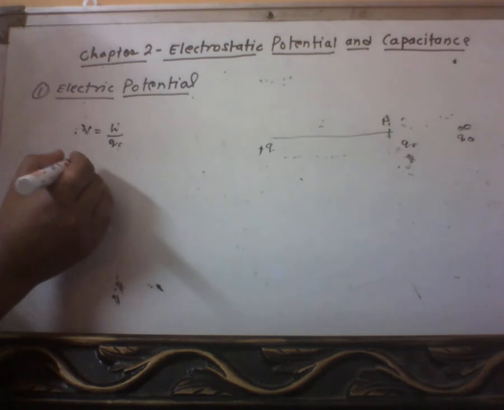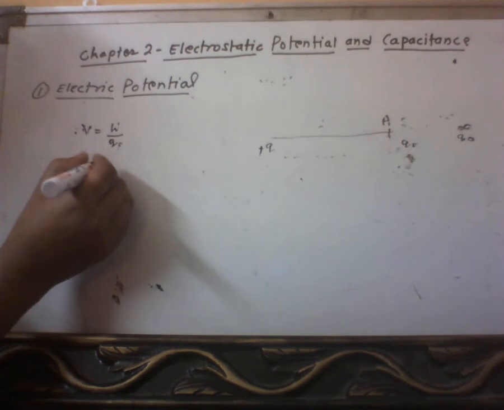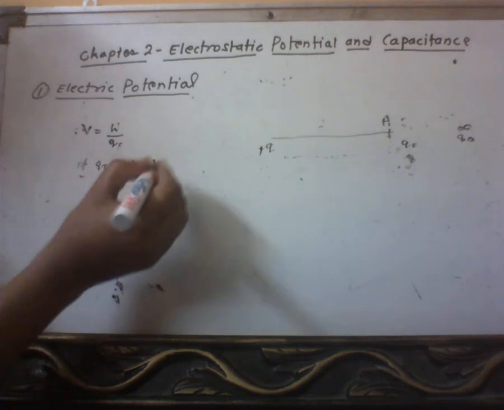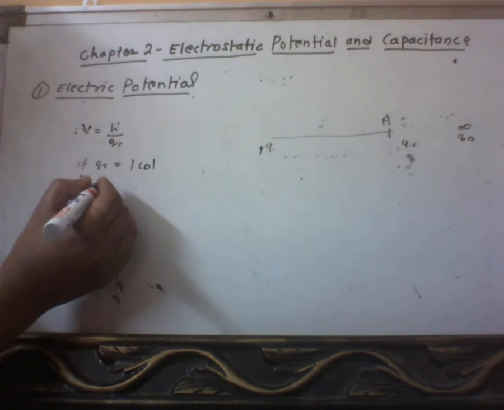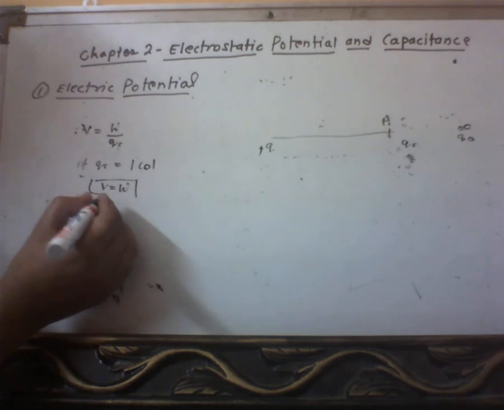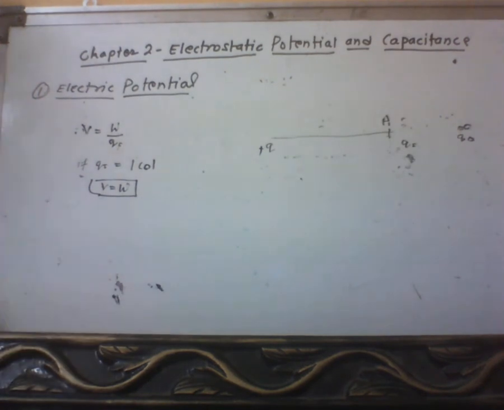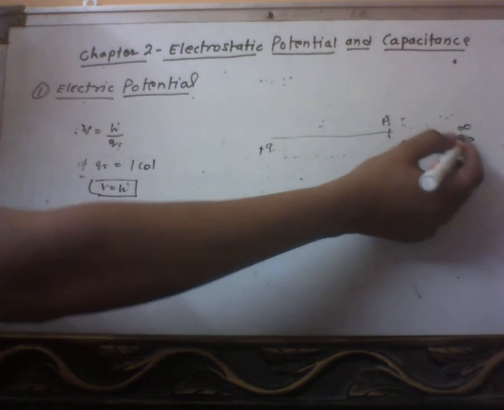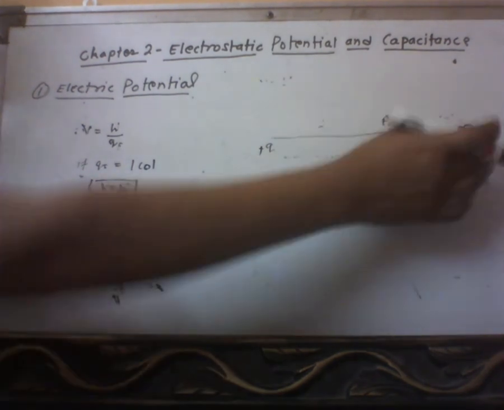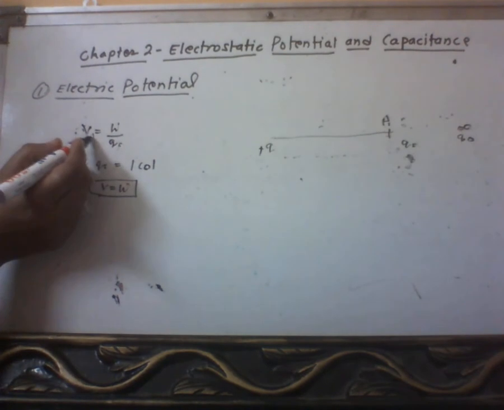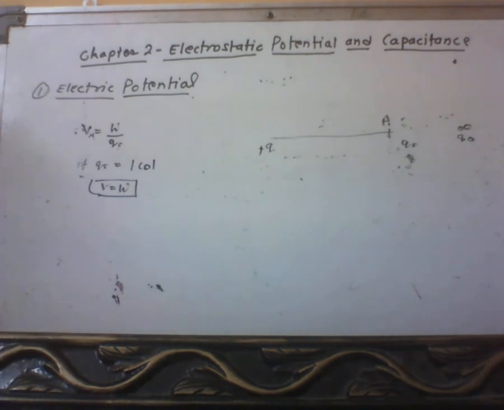Meaning if the value of Q naught is 1 coulomb, then V is equal to W. So we can define electric potential as the amount of work done in carrying a unit positive charge from infinity to a point in an electric field.